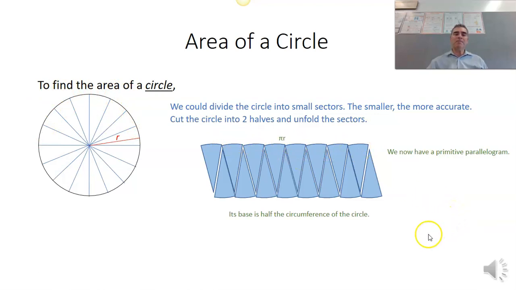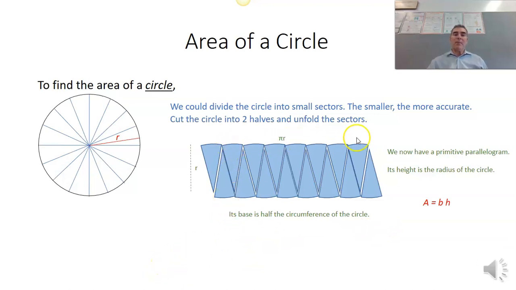So let's put that in. Then our height here, going from here up to here, is just the radius of the circle, so we put that in. We already know from a previous video that the area of a parallelogram is base times height.